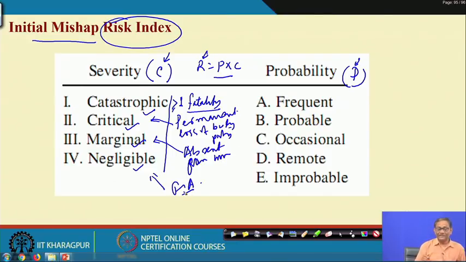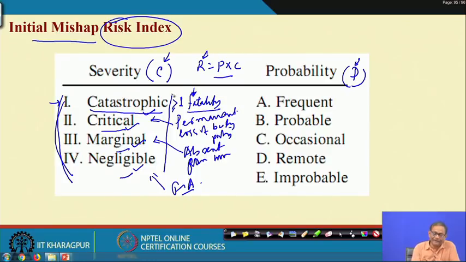But you may say that my system is such that it is not human safety only, it is a loss control point of view, where human, property and environment all will be important. Then you may find out the equivalent loss quantification in terms of money. So, maybe human loss, then your property loss, environment loss, all loss you compute and then find out your categorization of catastrophic, critical, marginal, like this.